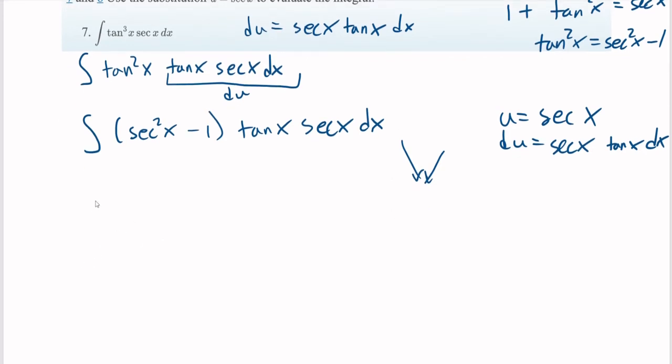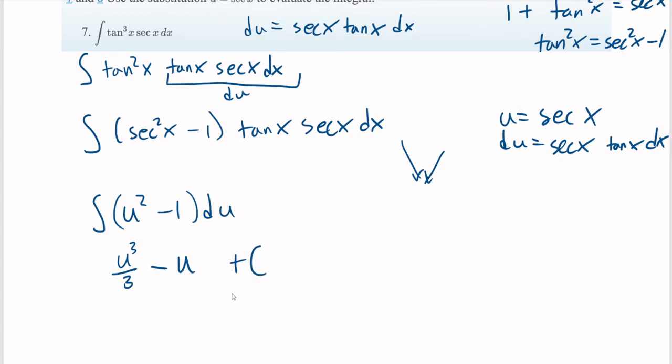We bring these together, and we're going to end up with the integral of u squared minus 1. And then this whole chunk just becomes du. And whoa, that is a much nicer integral. We can do this without too much trouble. Add 1, divide, right? Add 1, divide, but that just becomes u. And then we're going to do that from, just kidding, this is an indefinite integral. So we're going to plop on our plus c.